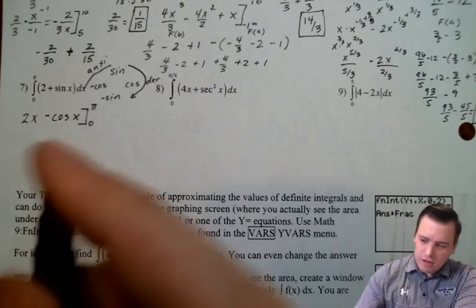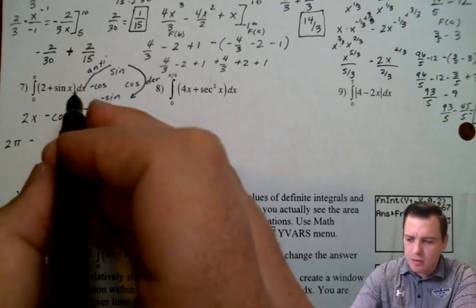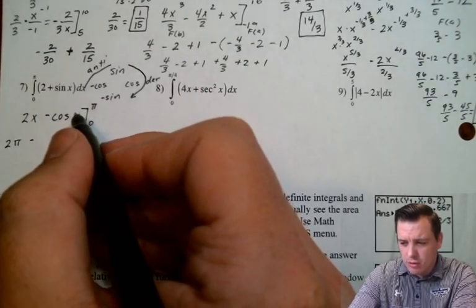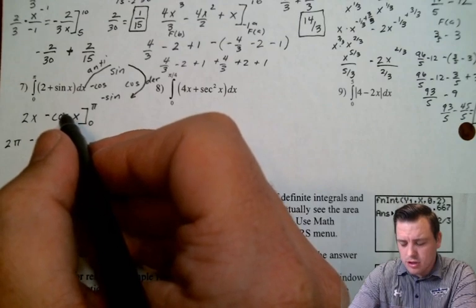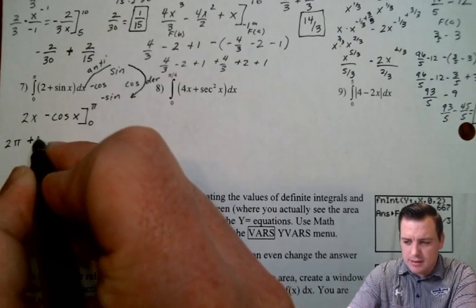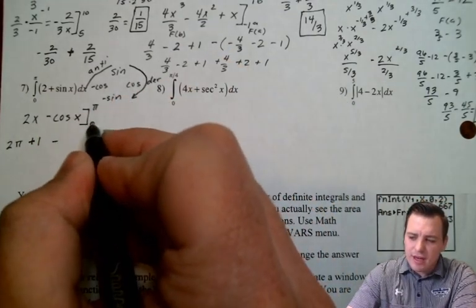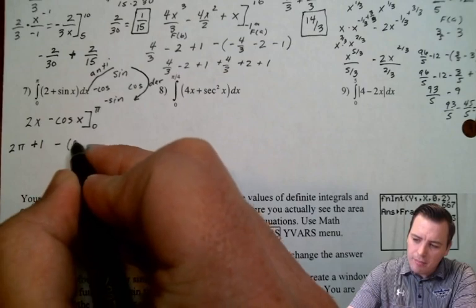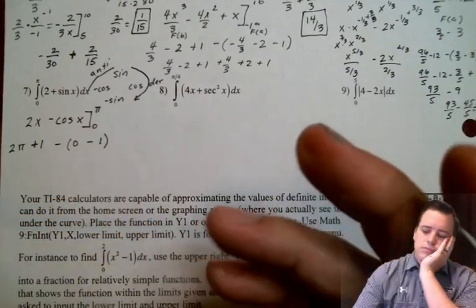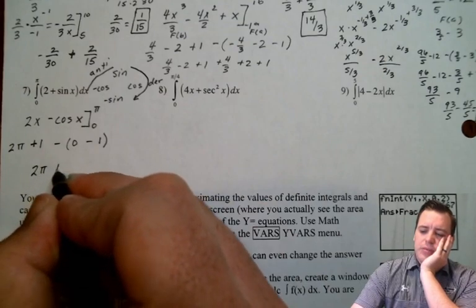I do my upper limit first, so 2 times pi would just be 2 pi, minus cosine pi, which is actually negative 1, the x coordinate of 180 degrees, so that would become positive 1 with that minus there. And then I subtract f of a, which is going to be 0 minus cosine of 0, which is 1. So I should end up there with 2 pi plus 1.